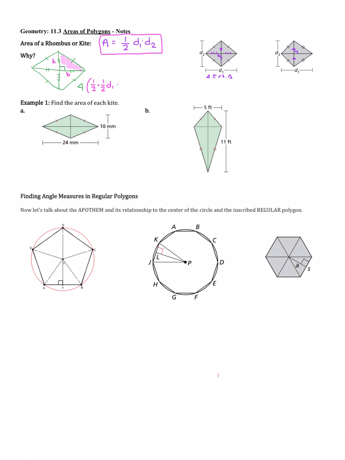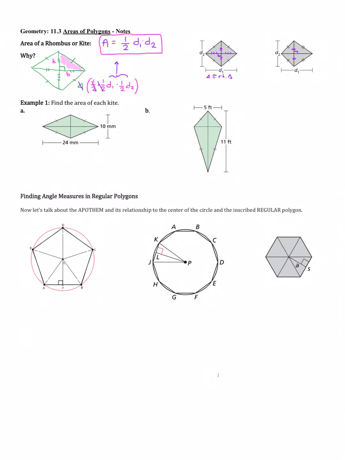What is my height? My height is half of the other diagonal. So when I simplify this, this 4 will cancel with both of those 1/2s, and voila, we are left with 1/2 diagonal 1 times diagonal 2. And so that is a nice simple derivation of that formula.